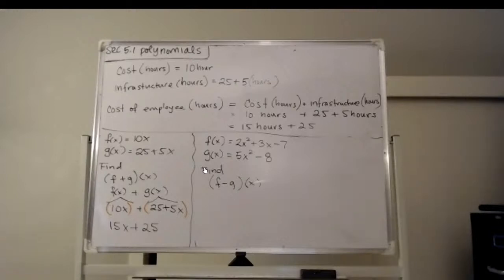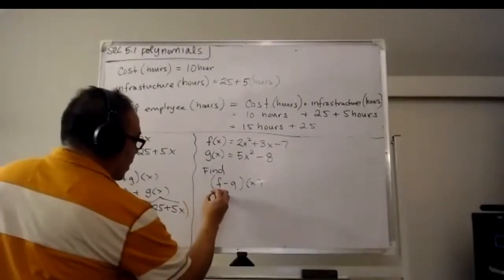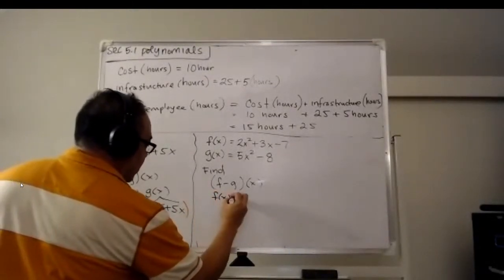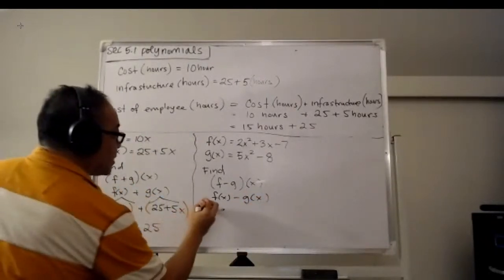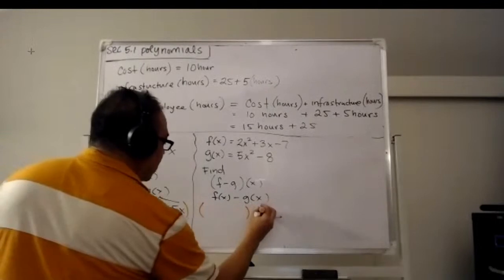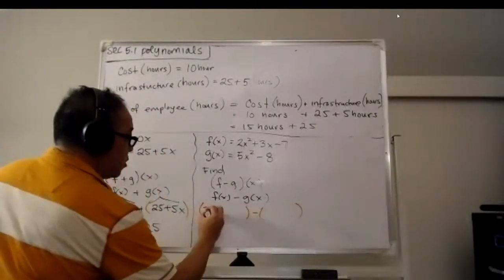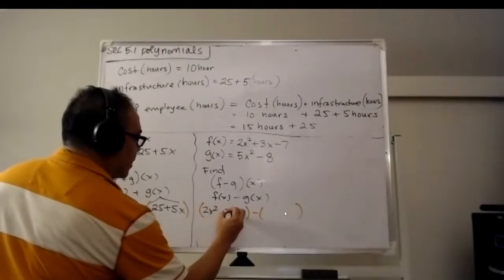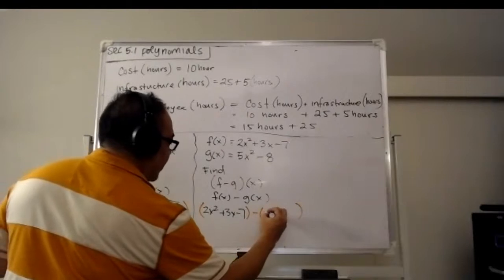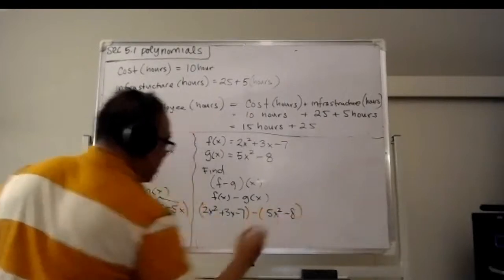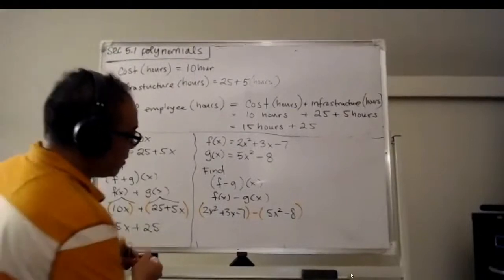Now, so this will turn into f of x minus g of x. So we'll get 2x squared plus 3x minus 7, and then we'll get 5x squared minus 8. So what I have to do is I have to distribute this minus.